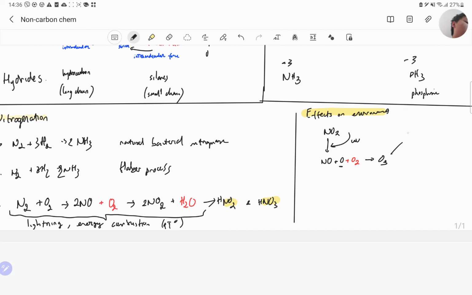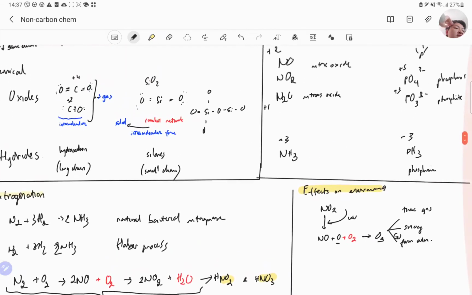One, it is a toxic gas. Two, it forms smog when reacting with hydrocarbons. And number three, which is actually a positive thing, it shields us from UV light in the atmosphere.